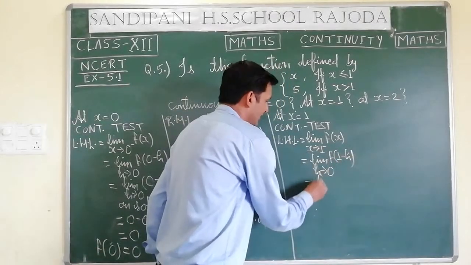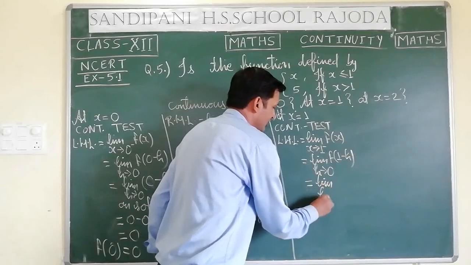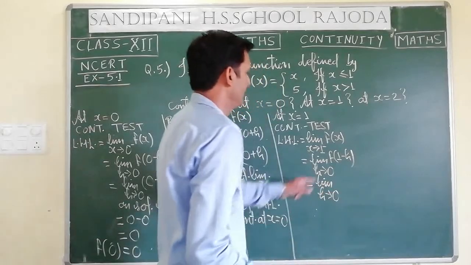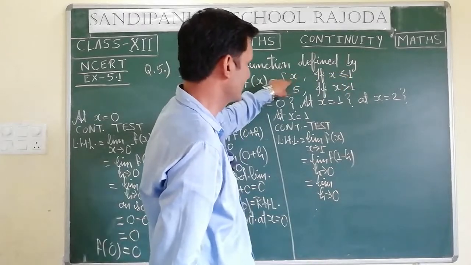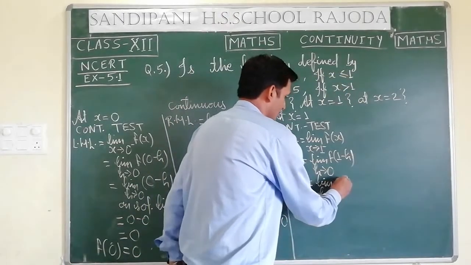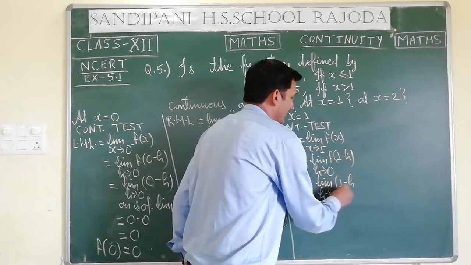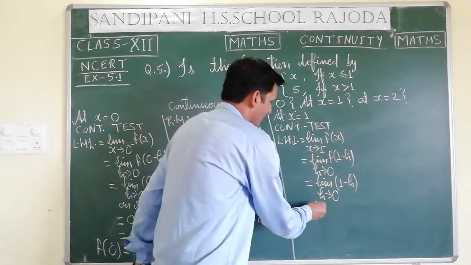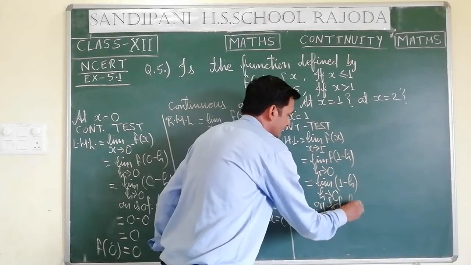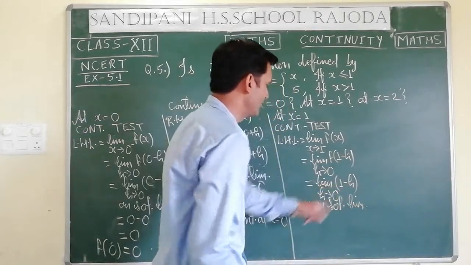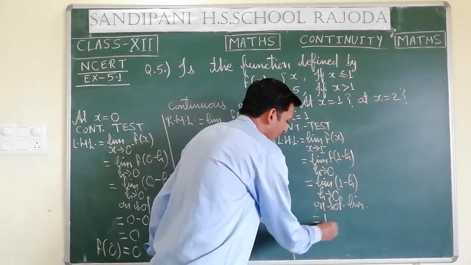Now limit h tends to 0. Here 1 minus means less than 1, so this is only applicable. So 1 minus h in place of x. On solving limit, if we put h is equal to 0 here, then it will be 1 only.